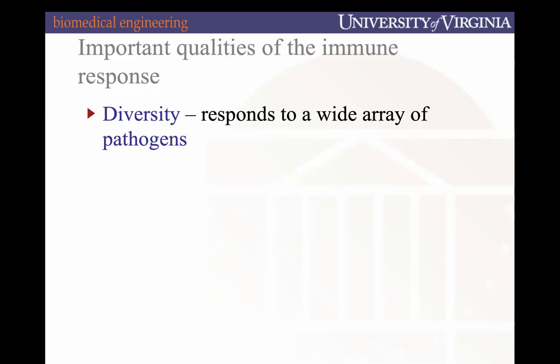In particular, as it relates to our innate immune systems, pathogens are foreign microbes that invade our bodies in different ways. What's really interesting is that our innate immune cells will respond to specific patterns or structures on these pathogens and can respond to a wide array of them.